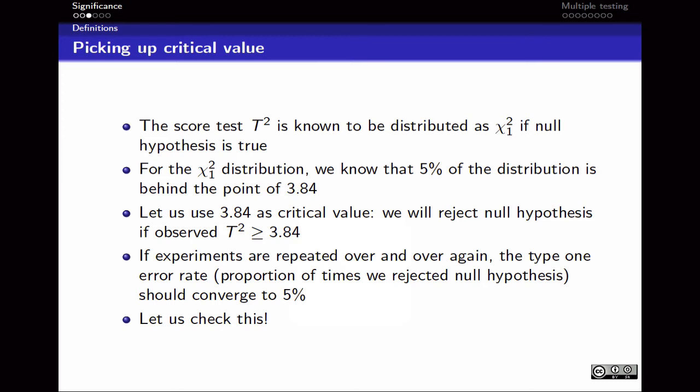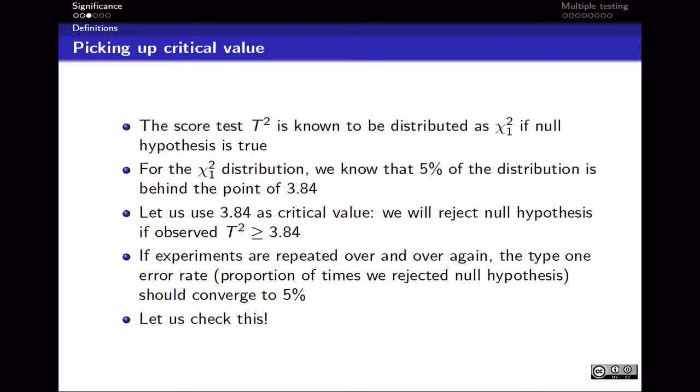So let's use 3.84 as a critical value. In case we obtain a score test statistic value more than 3.84, we are going to reject the null hypothesis and claim that there is a true association in the data gathered in this experiment.